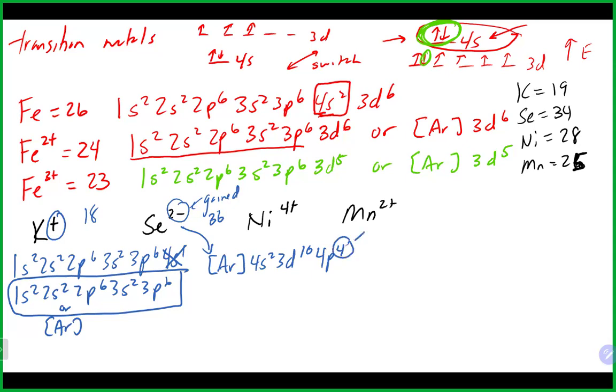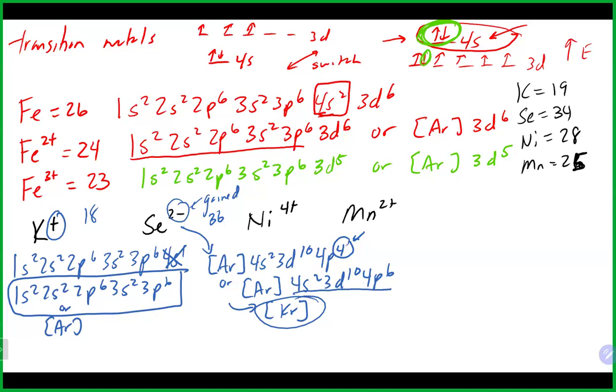They are going to end up right here in our p subshell, which would get us argon 4s2, 3d10, 4p6, which actually then brings us to not argon, but to krypton in this case, as it actually gets to 36. Any questions on those two there?